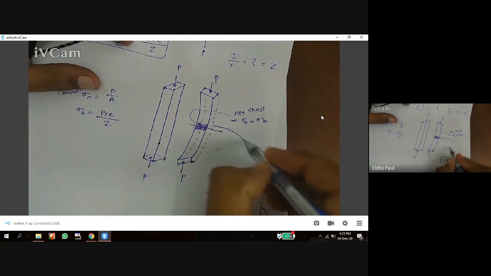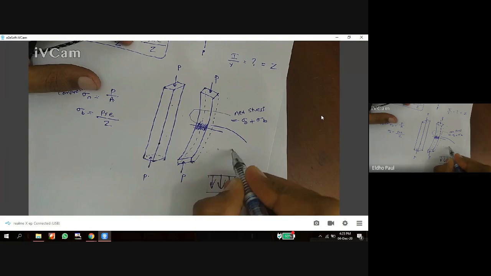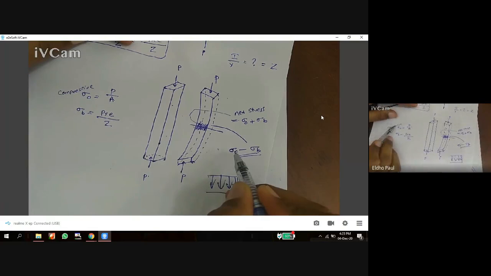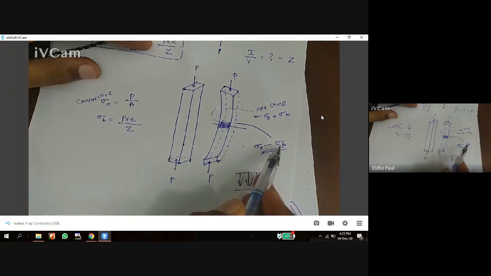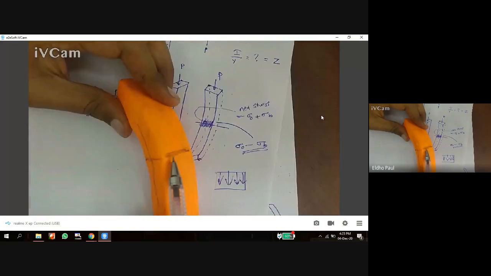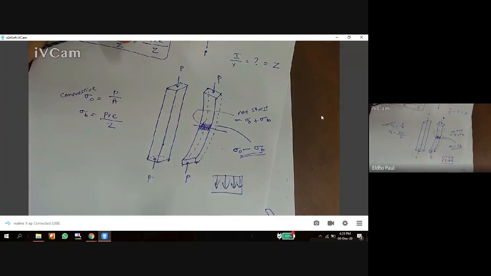The outer surface net stress is equal to sigma 0 minus sigma B, because sigma 0 is compressive but sigma B is tensile in the outer surface. So sigma 0 minus sigma B is the stress.